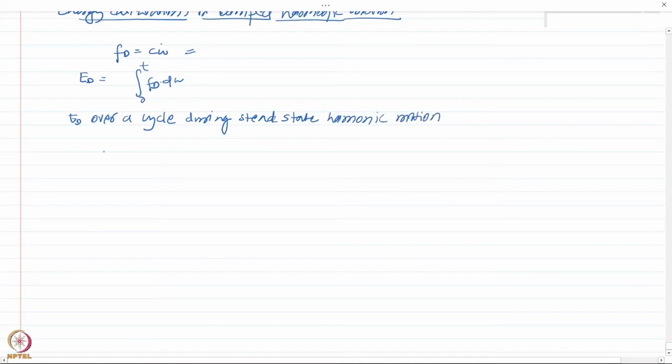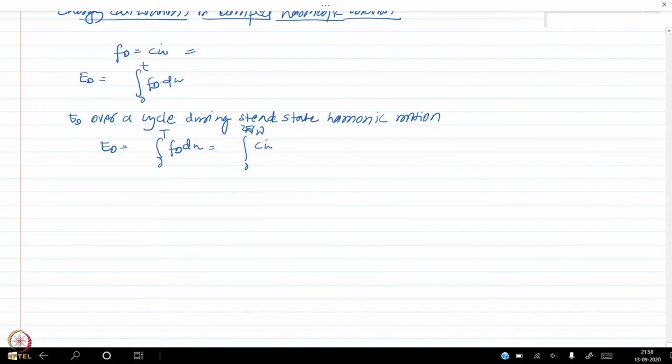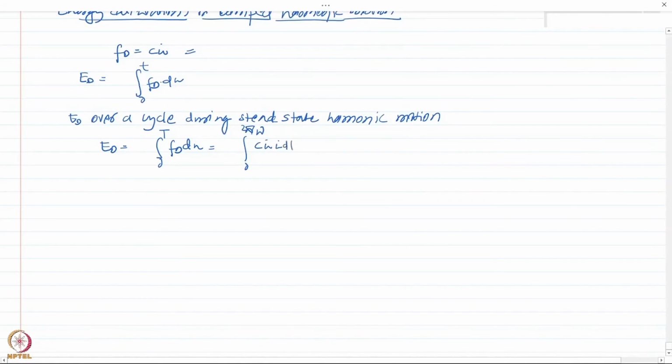In that case, over a period, it would be the integral from 0 to t of Fd times du. Now this t is 2 pi by the excitation frequency, 2 pi by omega. Fd I can write as c u dot, and du, the small displacement, I can write as u dot times dt. So my expression becomes c u dot square dt.